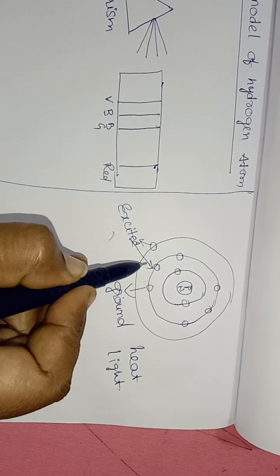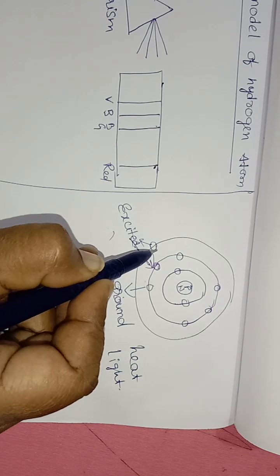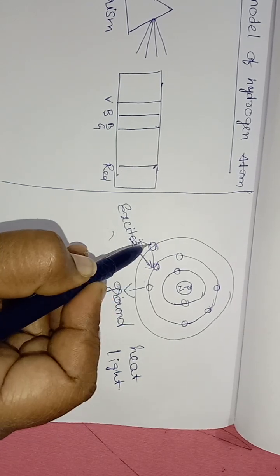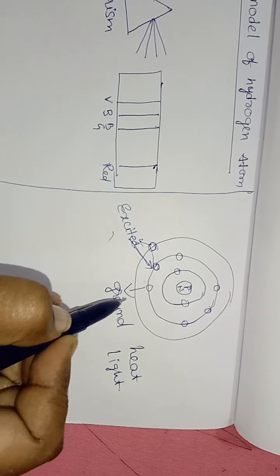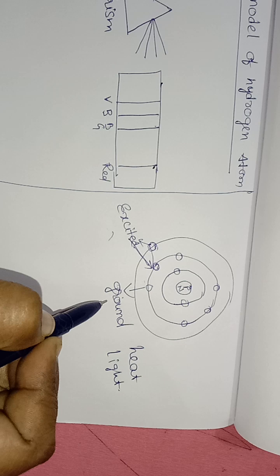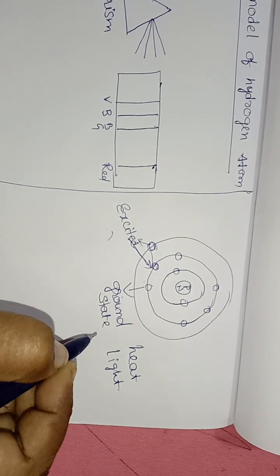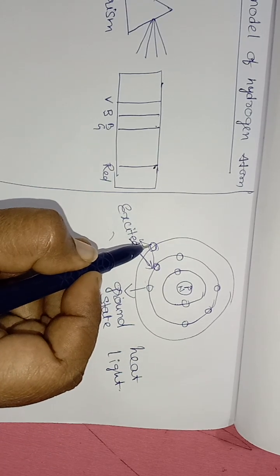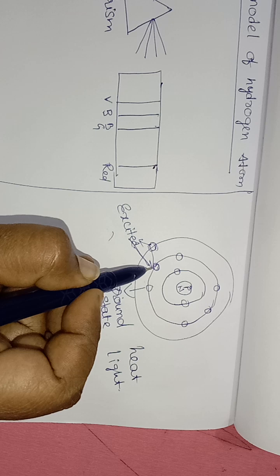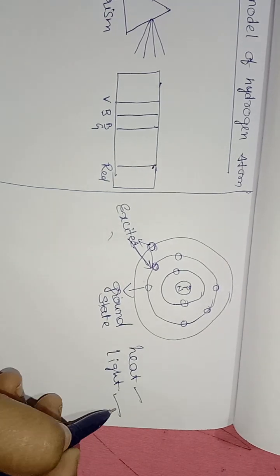So this electron jumps to the outermost orbital or next higher level, and this state is called the excited state. It comes back from the excited state to the ground state. It will not stay in that orbital continuously; it comes back to its ground state by releasing its energy as heat energy or light energy.